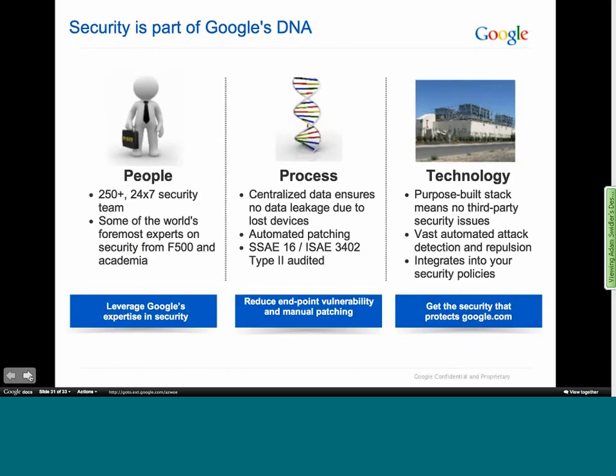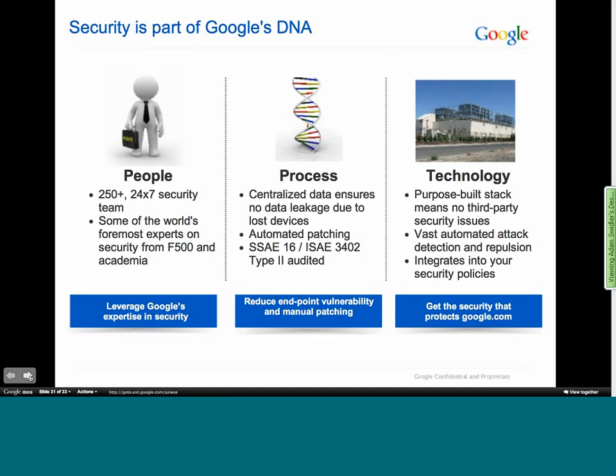So security is really a big part of our DNA. We have an information security team that is comprised of over 250 people that are monitoring the systems 24/7. That team is comprised of some of the world's foremost experts.